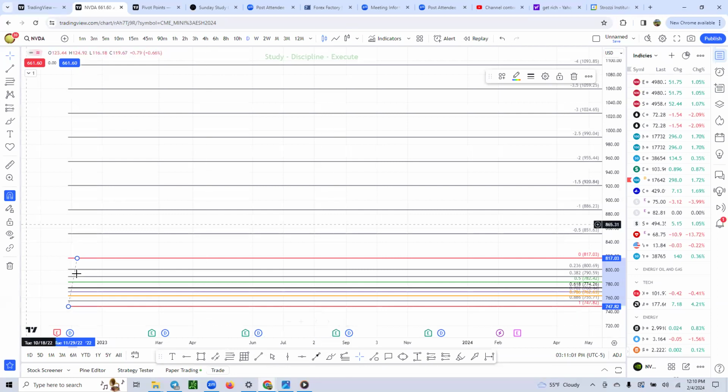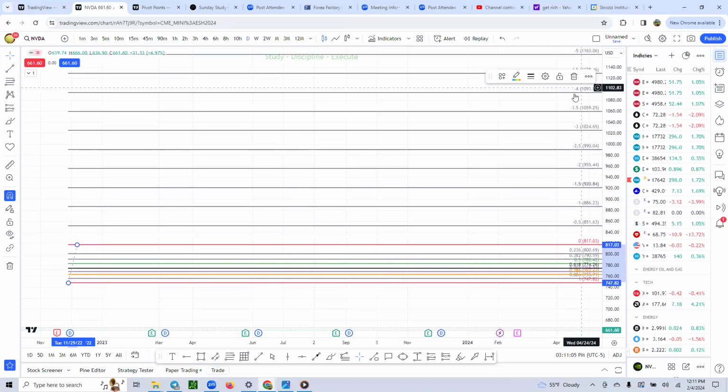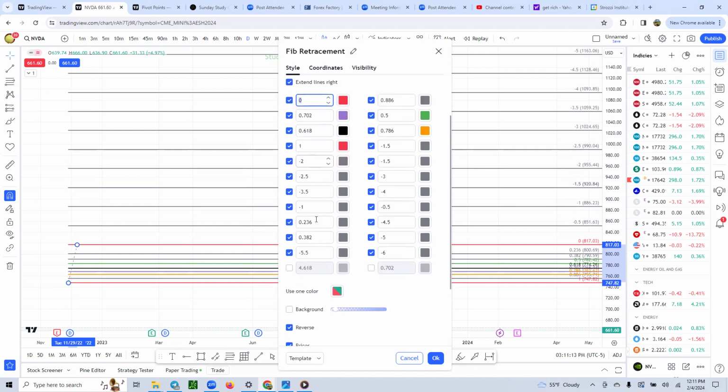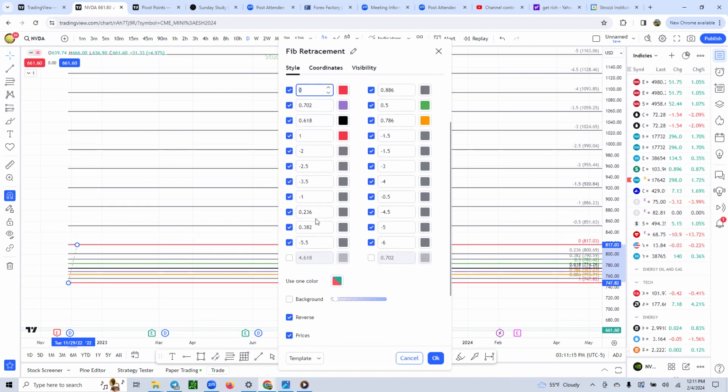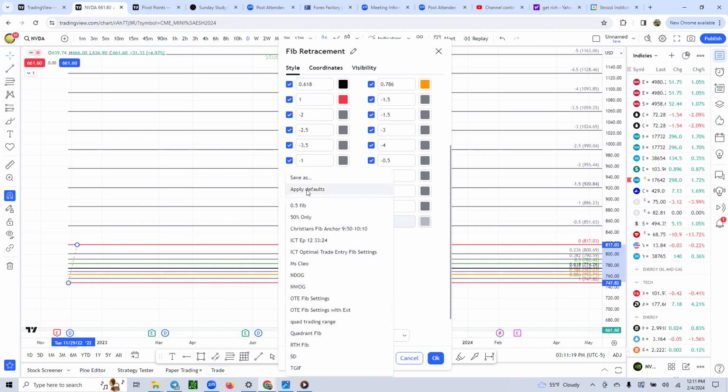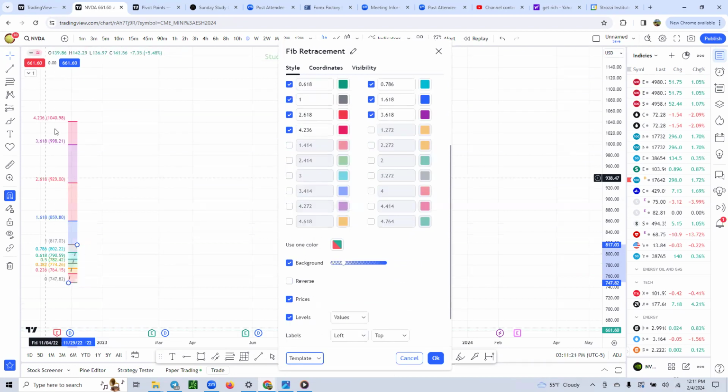So basically, if you say you want to use this, it might be the default. I can't remember if I changed it. Let me look. So if you go in here, double click on the bubble, this is the Fibonacci settings here. So let me apply the default and see if it changes, because I might have changed this. Apply defaults. Yeah, I changed it.